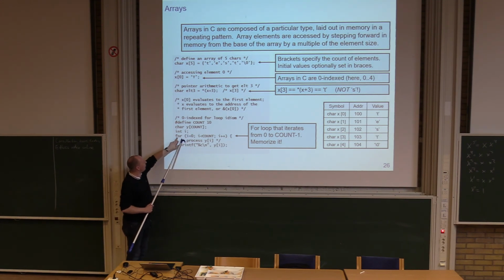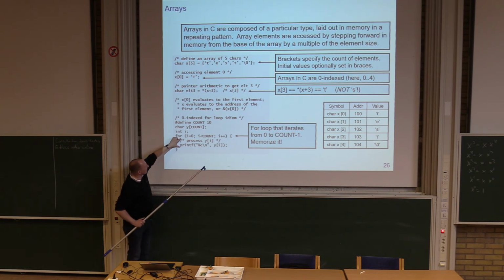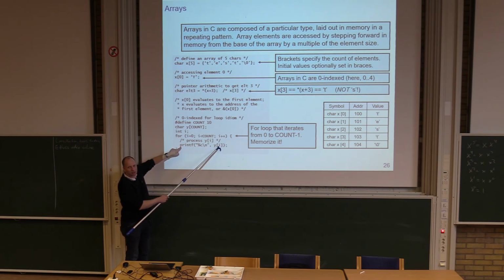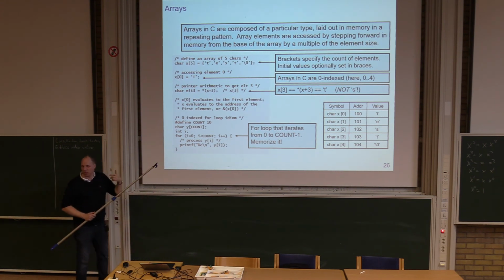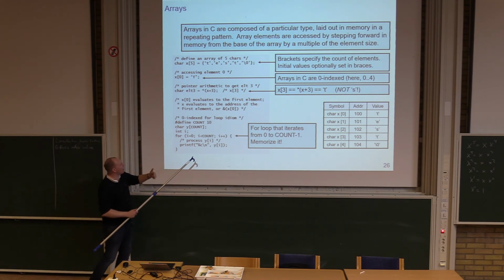So for i equal to 0, as long as i is less than count, you increase i by 1. And then you do what's inside here. So in this case, you would just print out the value of y at location i. So it will print out y[0], y[1], up to y[9].